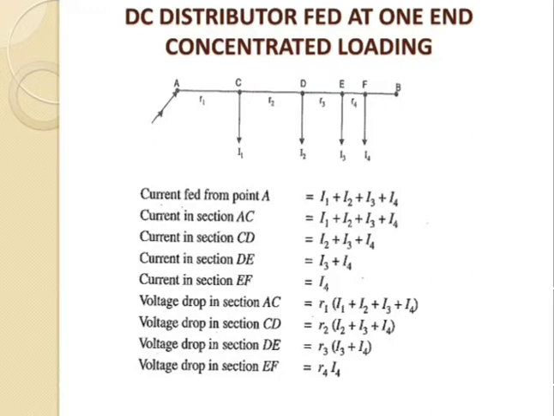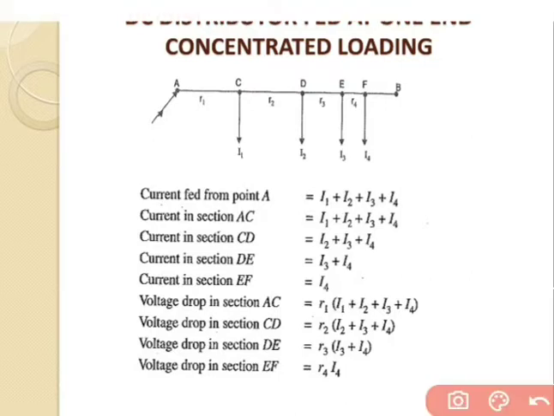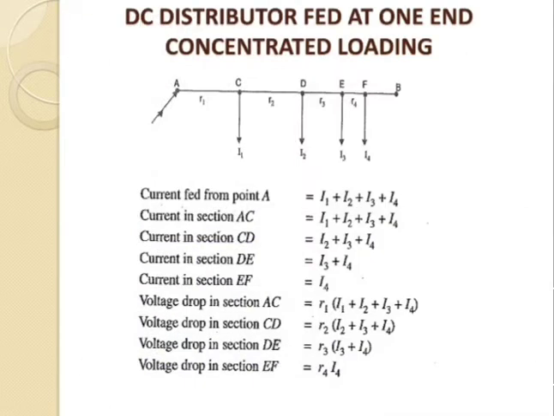Firstly, the current fed from point A is given by I1 plus I2 plus I3 plus I4, which means the maximum current flows in the AC section.